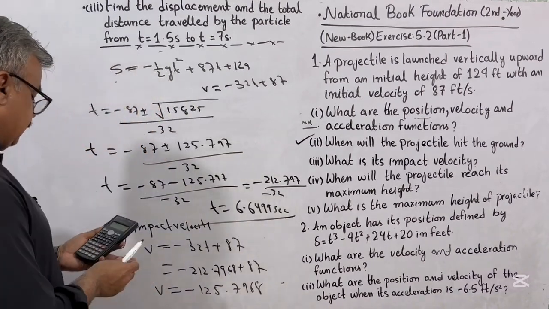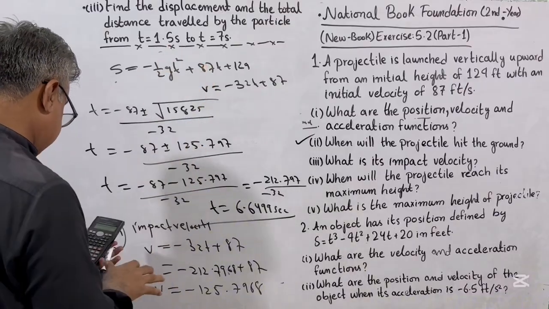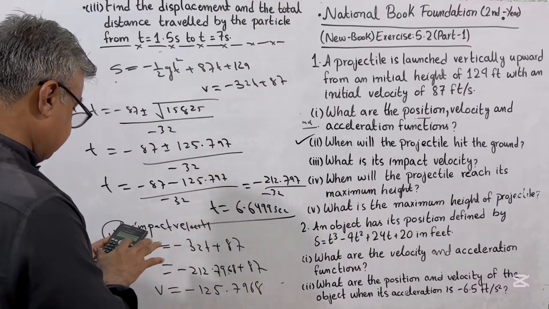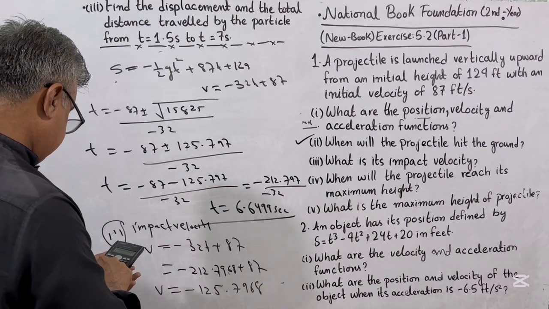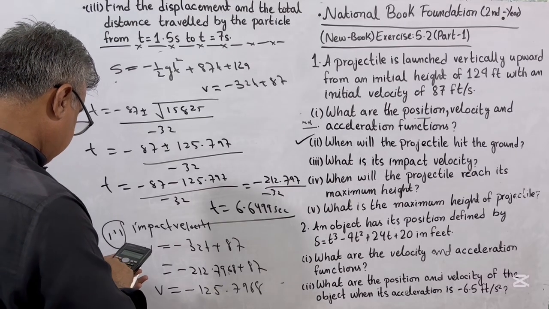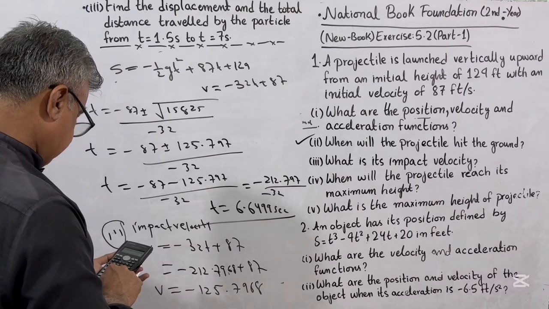The negative sign shows the direction of the impact velocity. Let me verify again: that is 32 times 6.6499, minus 87.